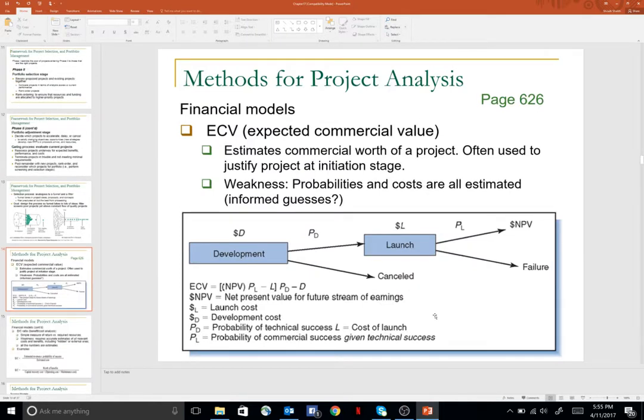And there's different methods, different metrics. We can also use different financial models. When we talk about, for instance, what we call the NPV, or net present value, if you want to reference the textbook, page 626, we can calculate return on investment for our projects. We can calculate, as we discussed most recently, earned value and estimated cost to complete.